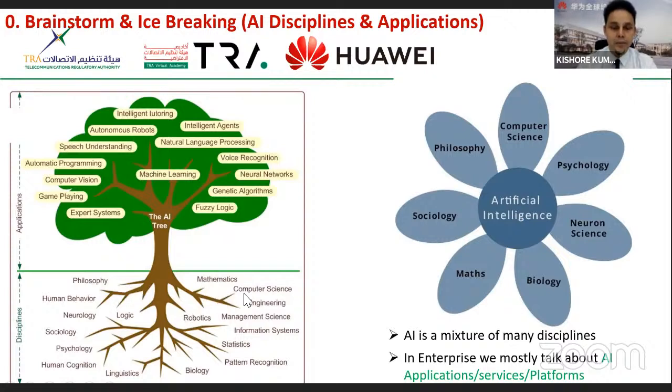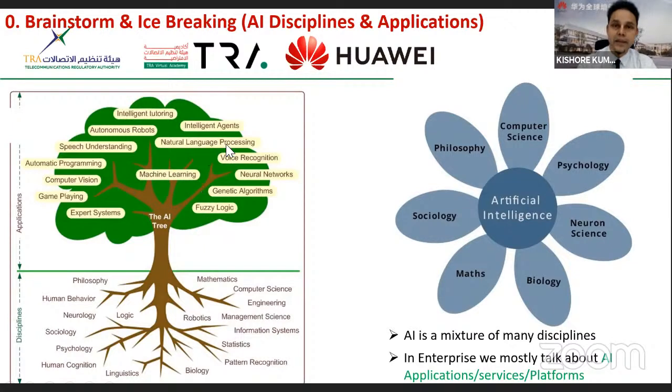For example, mathematics, computer science, ranging from robotics to biology, then logic to philosophy. All right, so AI actually takes different theorems and knowledge principles from many different disciplines, puts them together, and provides us with the means of different applications, which we have as the upper portion of the AI tree, branches and leaves, all right?